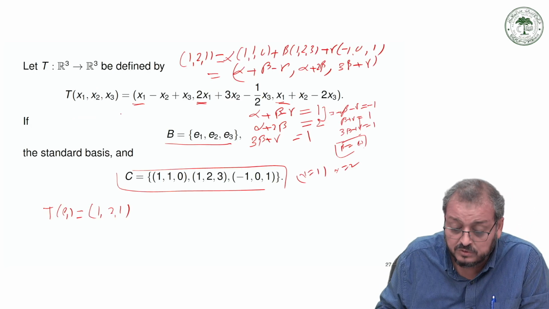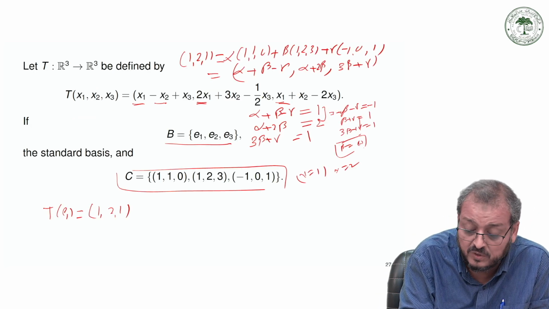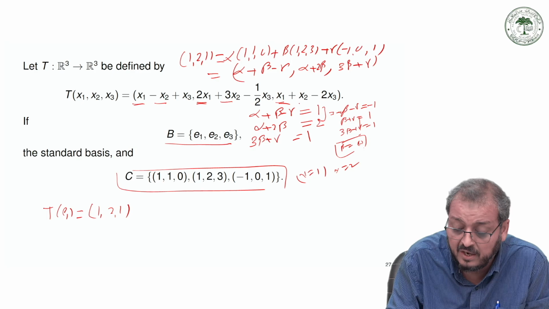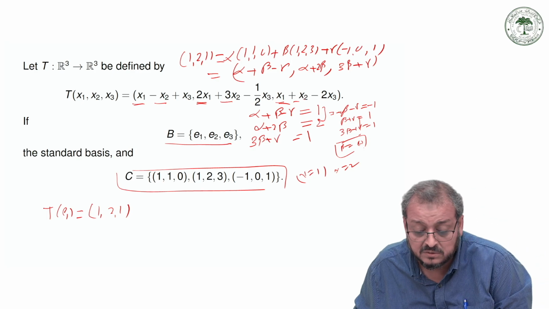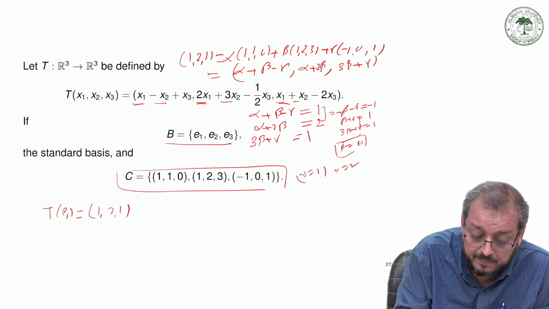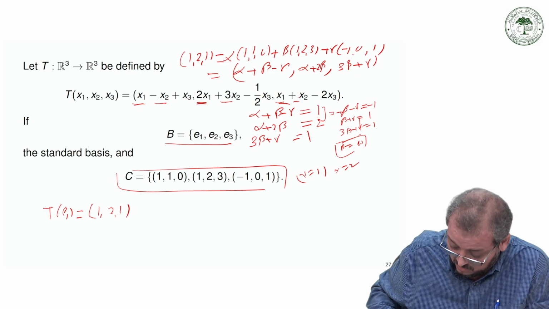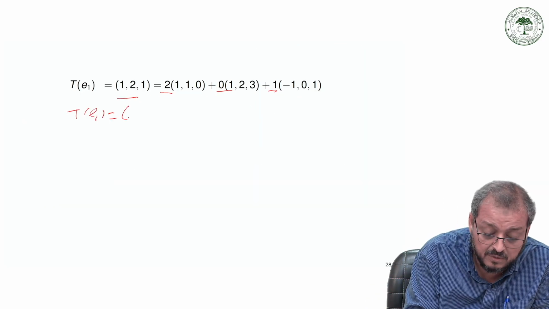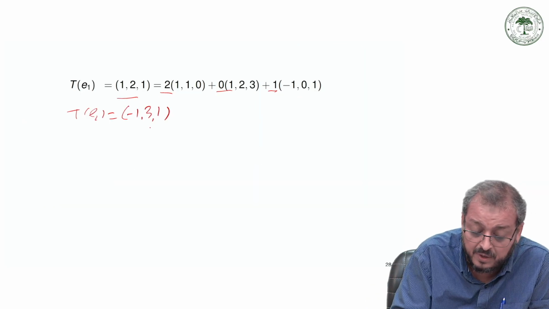Now T of e2, let me check here, we have minus 1 3 and 1.